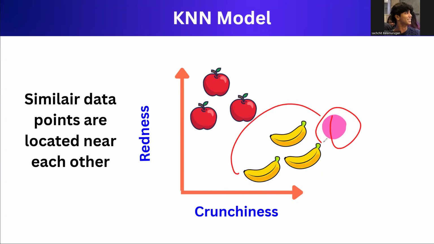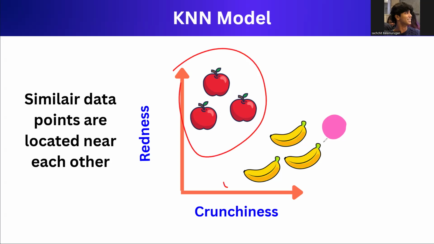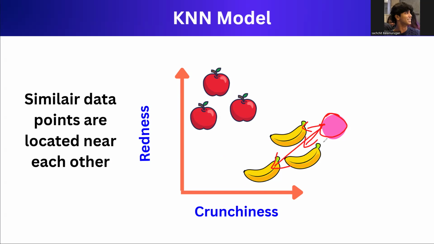So we have two fruit items, right? We have apples and bananas, right? How KNN works, it checks which data point it's near to. So since it's closer to bananas over here, it's going to be more likely classified as bananas, right?